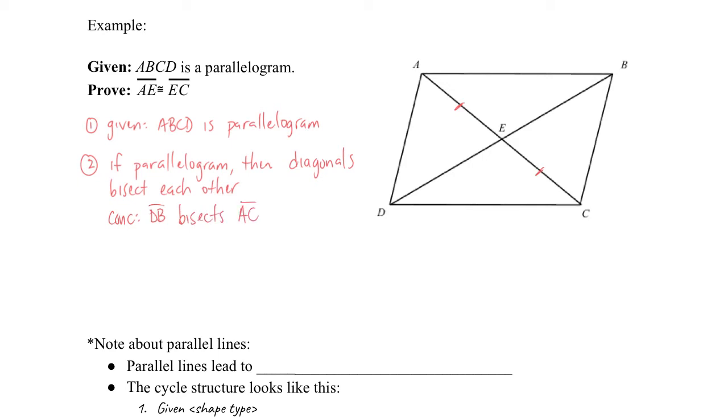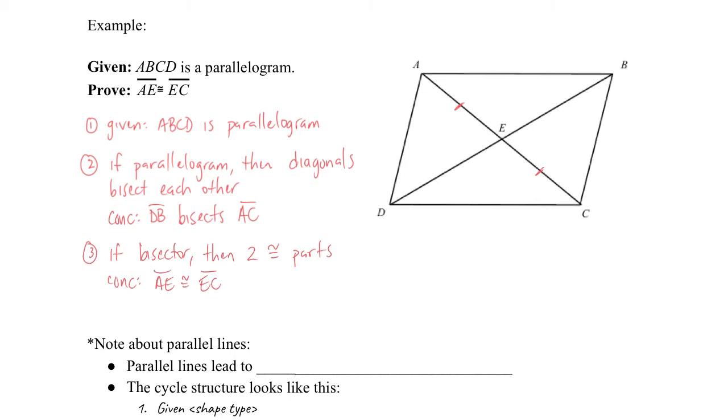Now, if you wanted to prove at the same time that DE was congruent to BE, then you would add a second line here that says AC bisects DB, something to that effect. And now I finish this off. Now I'm just on a bisector cycle. If bisector, then two congruent parts. Conclusion, AE is congruent to EC, and I'm done.